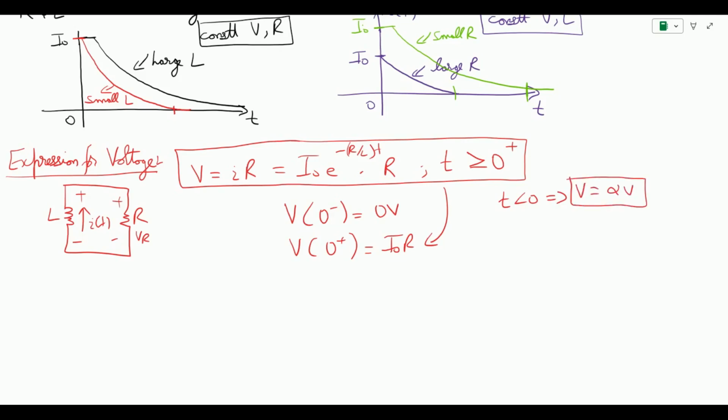Thus, we don't consider voltage for time less than 0. We only consider it for time greater than or equal to 0 based on the circuit that we have considered. So these are the conditions associated with finding the voltage.